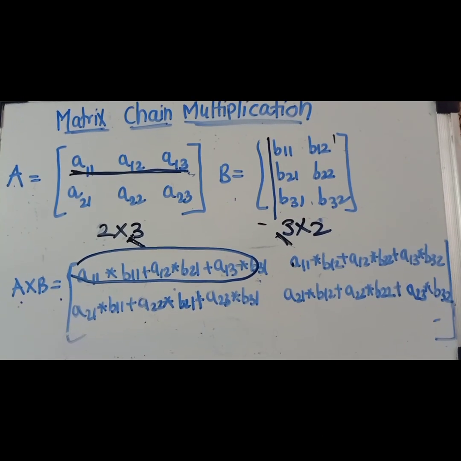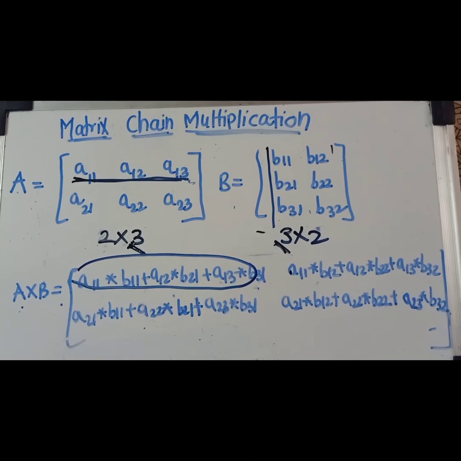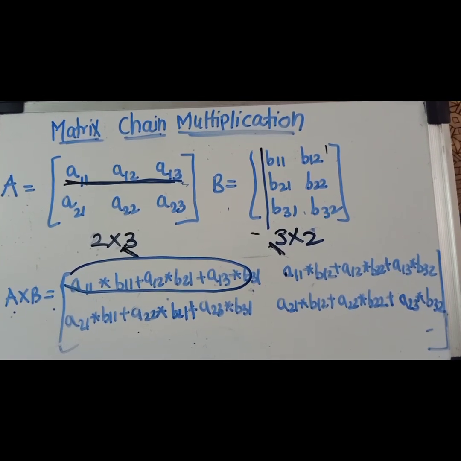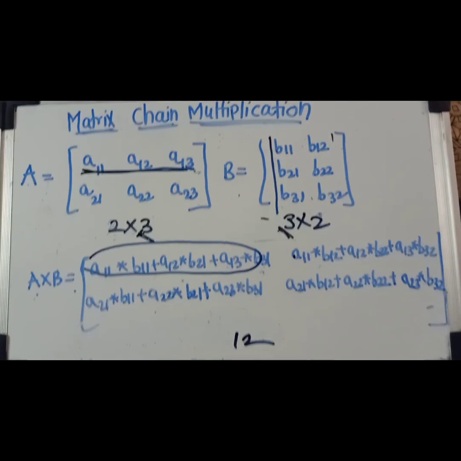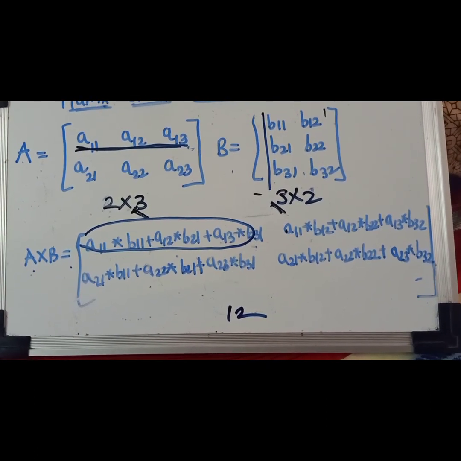Overall, if you observe how many multiplications I require for multiplying matrices of dimensions 2 by 3 and 3 by 2, it is 12. You count the multiplications here. I am going to require 12 multiplications.